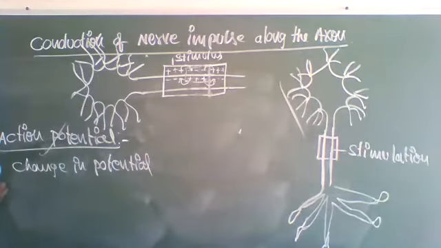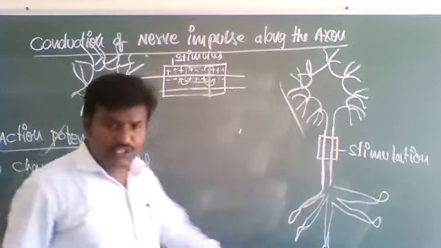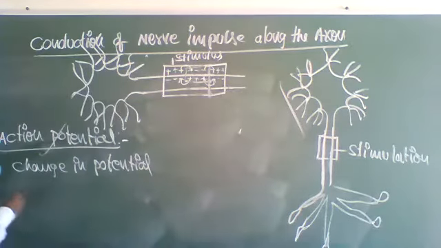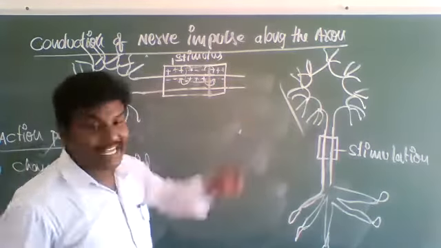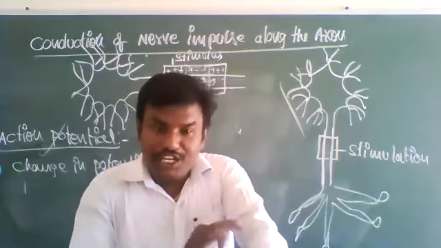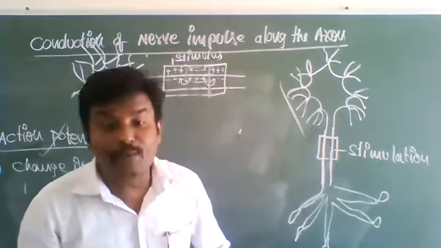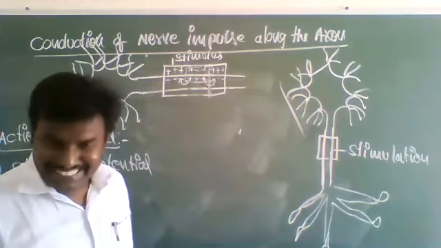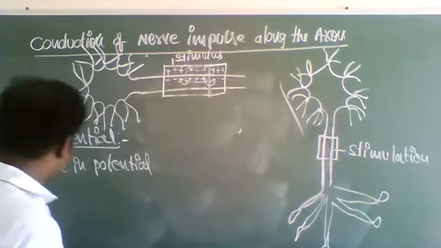So these changes lead to a change in membrane permeability. When potential is changed, automatically the membrane permeability also changes. Then what happens?